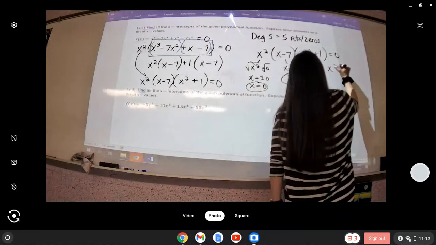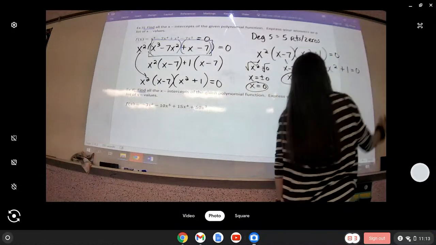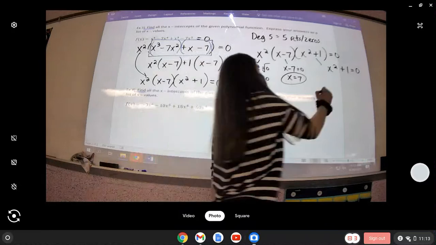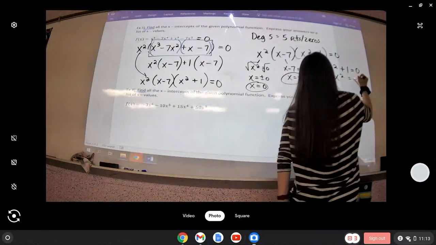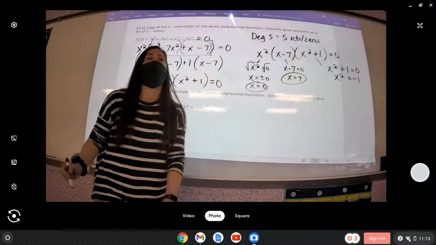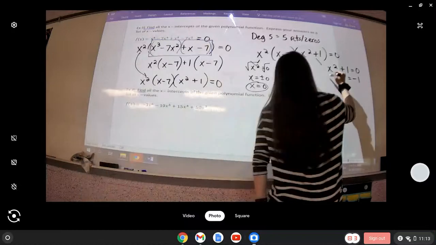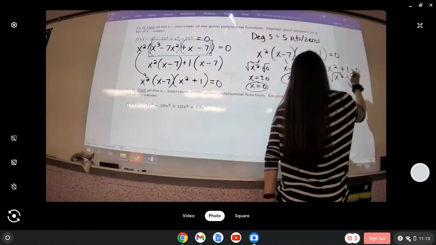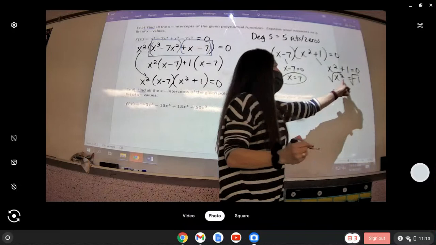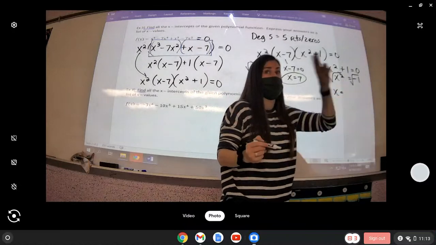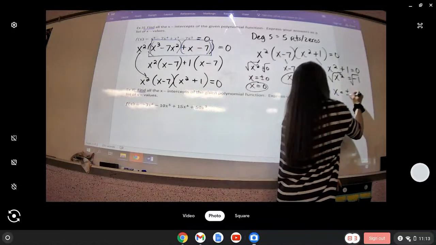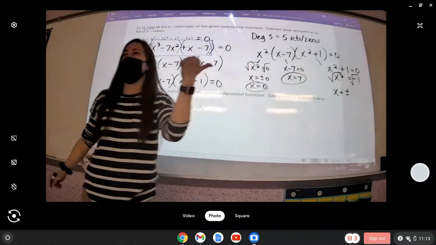Guys, take this one, set it equal to 0, and solve. We're going to minus 1. It's a degree 2, so we should get 2 answers. Square root both sides. X equals, if I take the square root of a square, I should get how many answers? 2, plus or minus. Guys, just took the square root of a negative number.